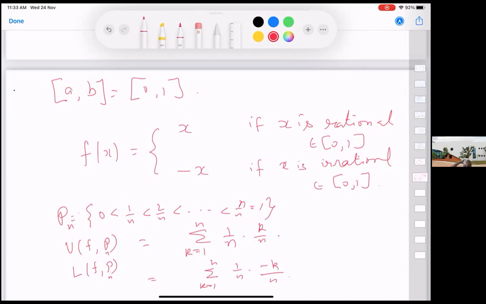So each of the summations we can actually compute explicitly, because there is a 1 by n square and then summation k from 1 to n, that gives you 1 by n square times n into n plus 1 by 2, right? And n gets cancelled.